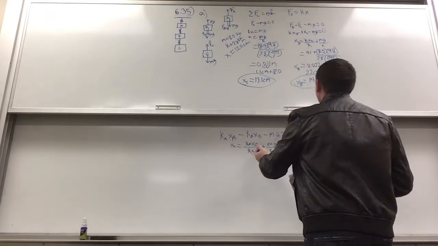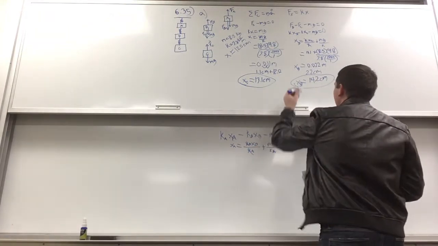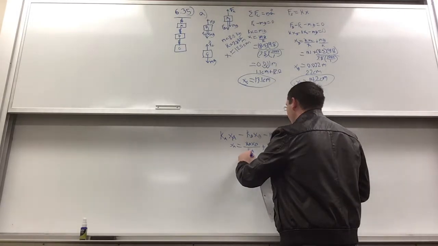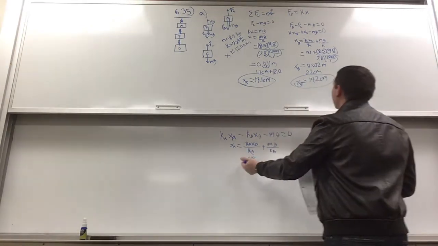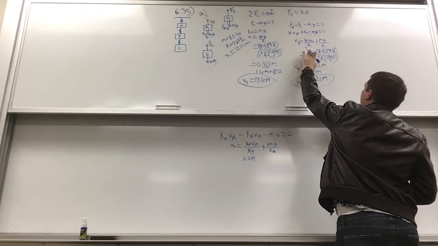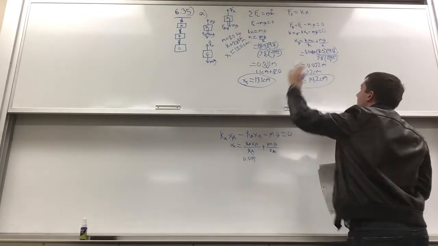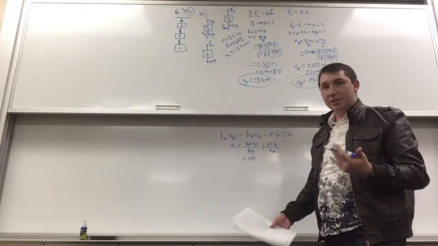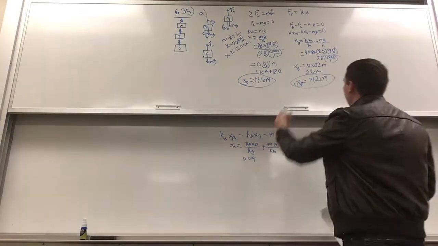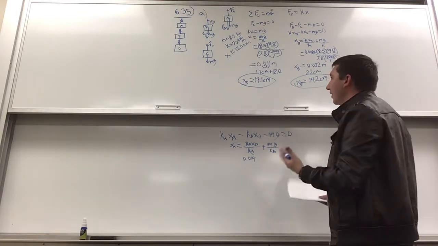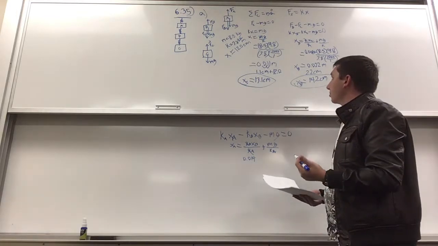Our distance for spring B is what we found in the last problem, 0.014. This should have been 0.0131 because it needed to be in meters, because this unit is in meters as well as gravity. I forgot to explain that.